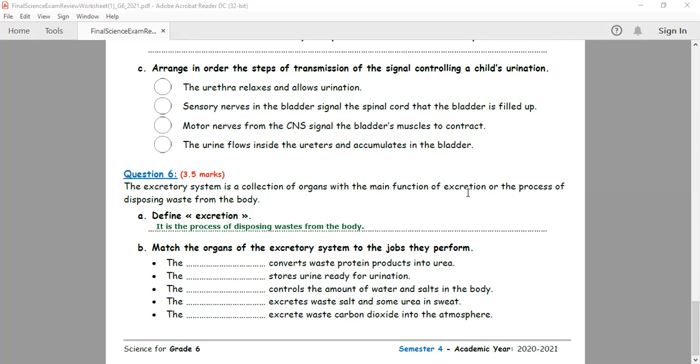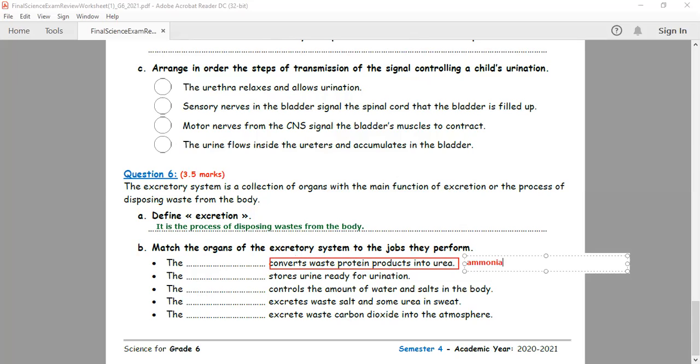Match the organs of the excretory system to the jobs they do. Which organ converts waste proteins into urea? Waste protein, I'll remind you, is ammonia.